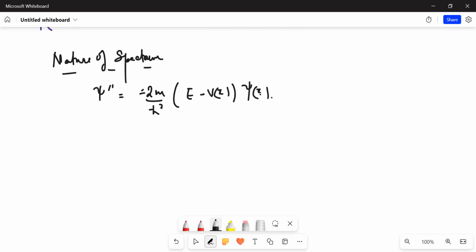Now here we know that psi(x) is always continuous. This is the condition from the Max Born interpretation.